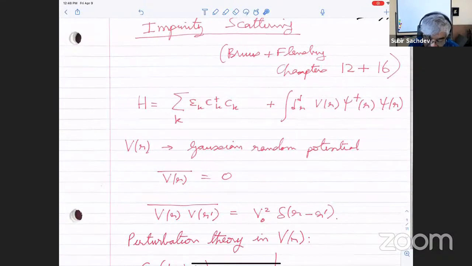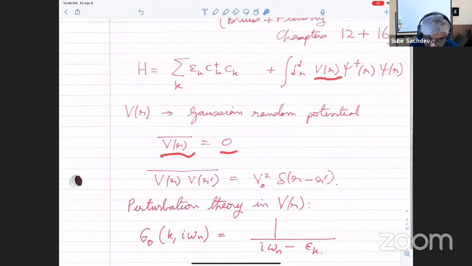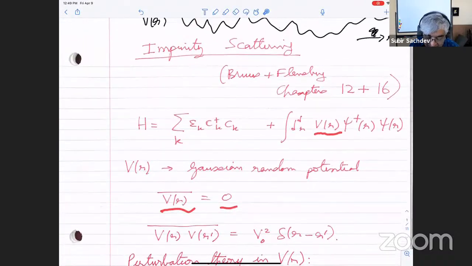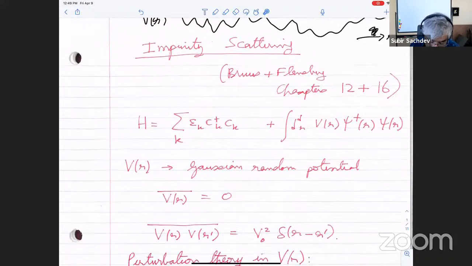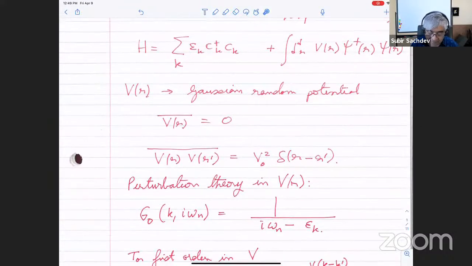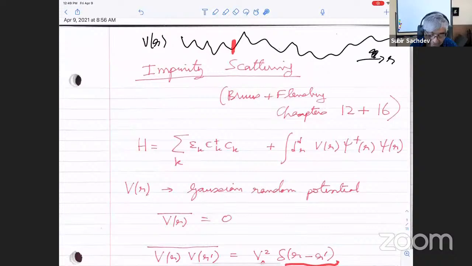All right, so we take an ensemble of V of R where V has zero average value. That's not much of a specialization, because you can always take the average value of V and put it inside epsilon of K. Then there's some second moment, V naught squared, but we'll put a delta function here, saying that V of R at this point has nothing to do with V of R at that point.